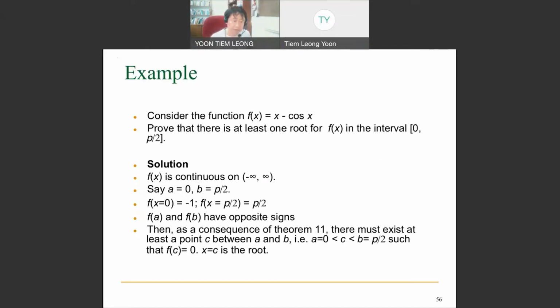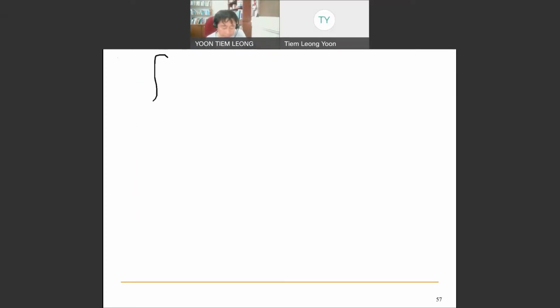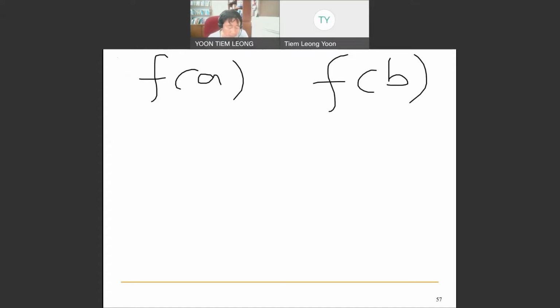So if you have this function f(x) equals x minus cos x, then you are asked to prove there is at least one solution or one root for this function. So what you do is, first of all, you always try to find a trial number a and a trial number b. You work out the values of the function at a and b such that their signs are opposite to each other.